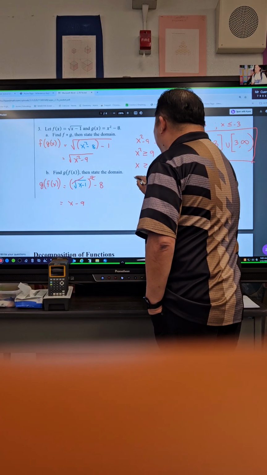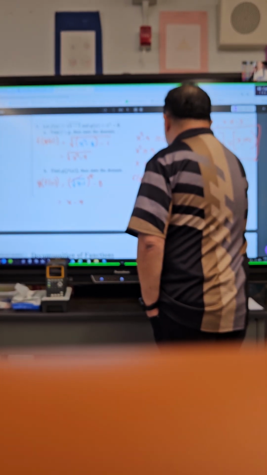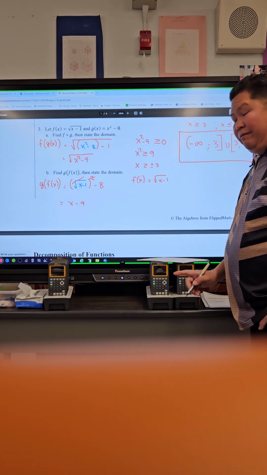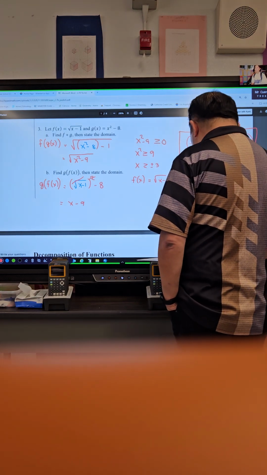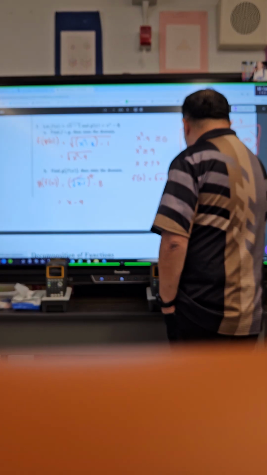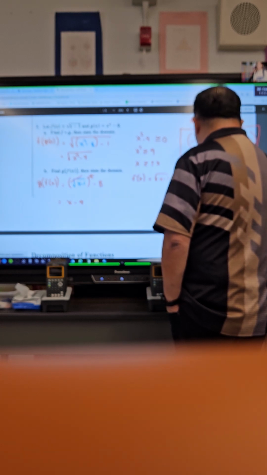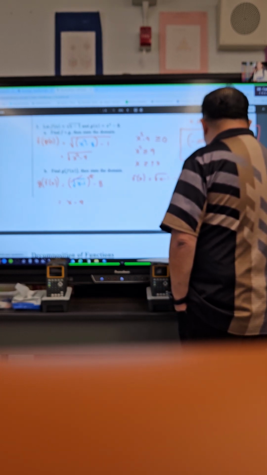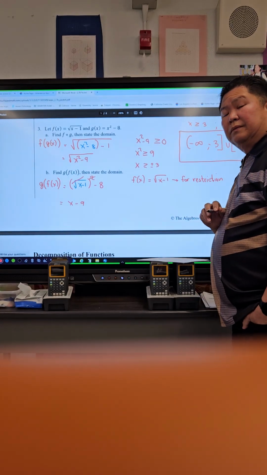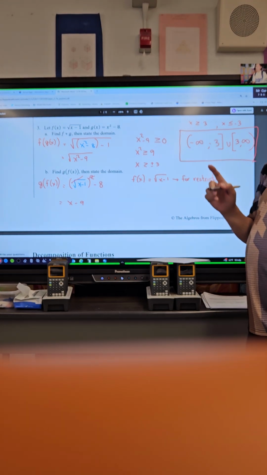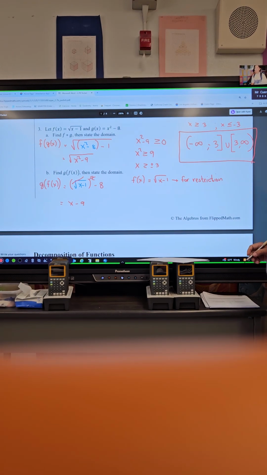Since we all know that f of x is equal to square root of x minus 1 by definition, it has a restriction. What is the restriction?